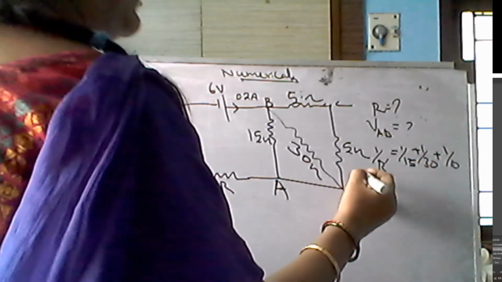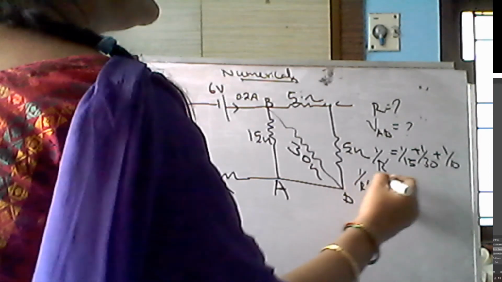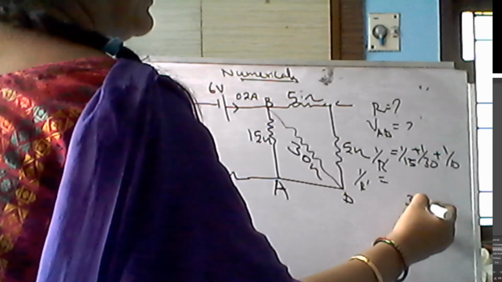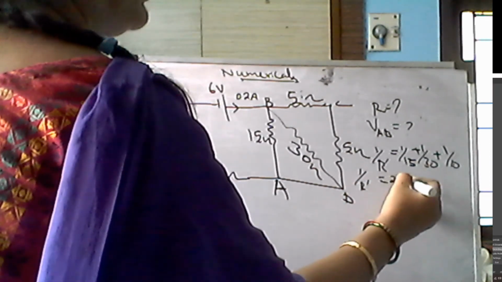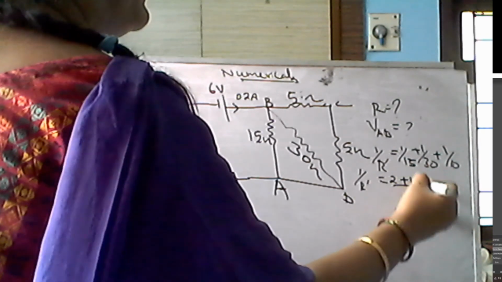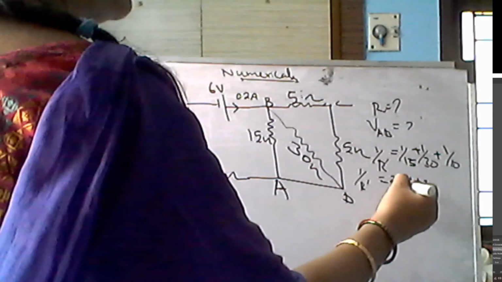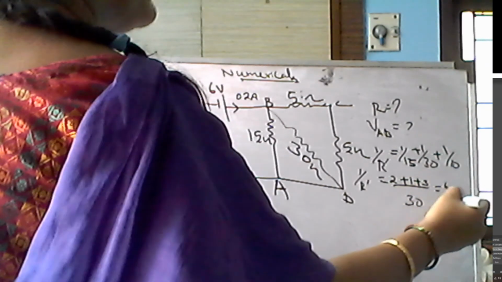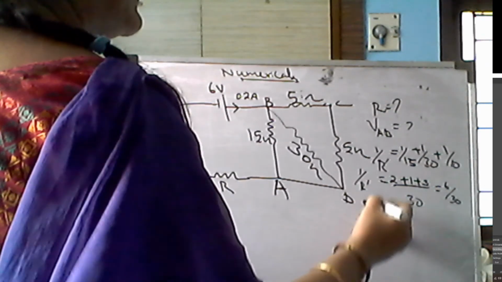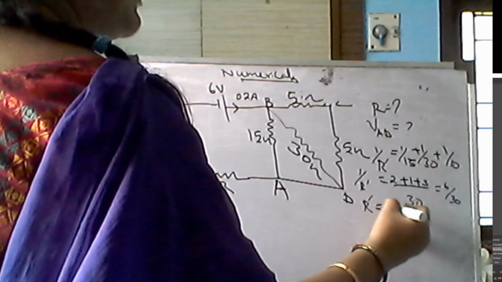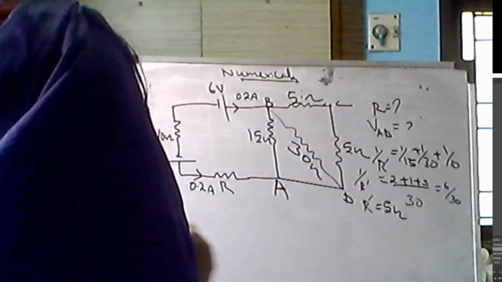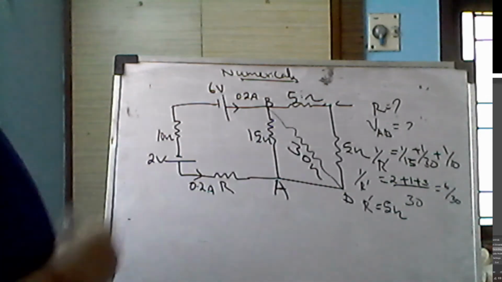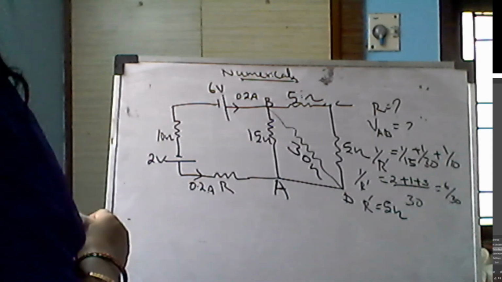Then you can take LCM as 30. So 2 plus 1 plus 3, so 6 by 30. So R dash is 30 by 6, 5 ohm.